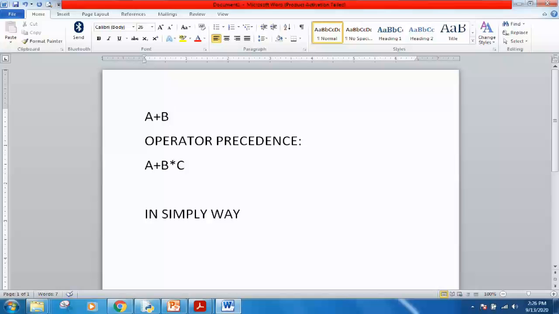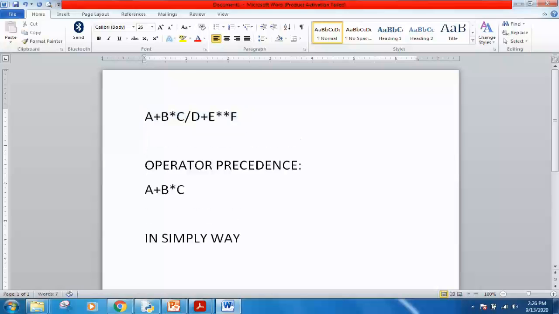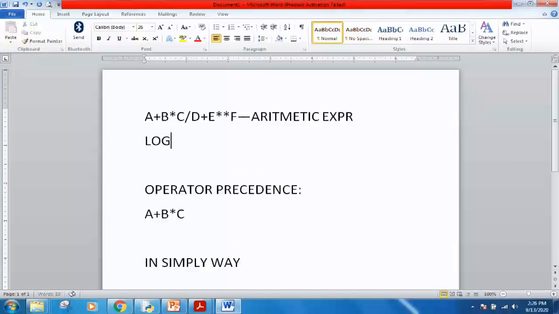I can extend this expression by writing c, then I can add divide by d, and further e raised to power f. So any combination of arithmetic operators and operands is known as an arithmetic expression. I hope you have understood the meaning of arithmetic expression.